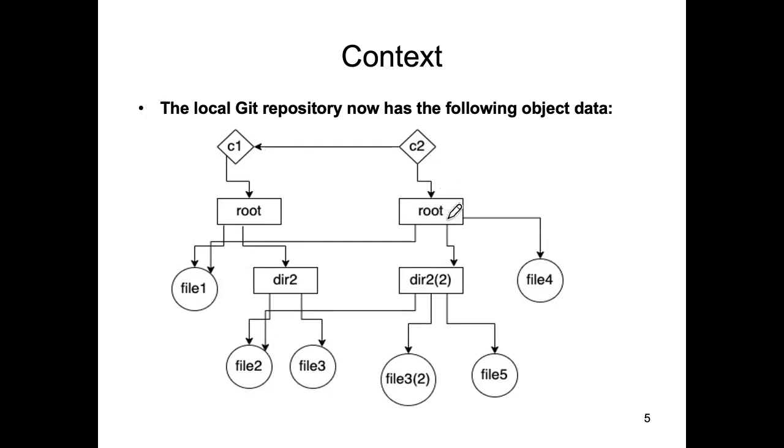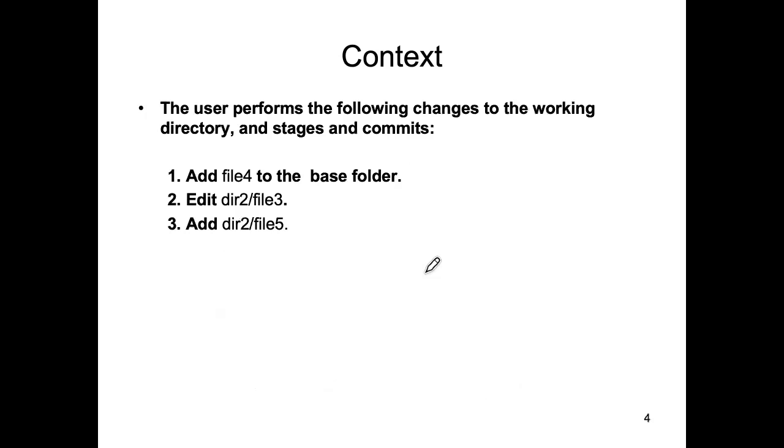It's actually going to have a reference to the blob object that was created from the first commit, because that file 1 has not changed. So it'll just have a reference to the same hash value that this one was referring to, because that file hasn't changed. However, it's going to have a reference to a new tree object.